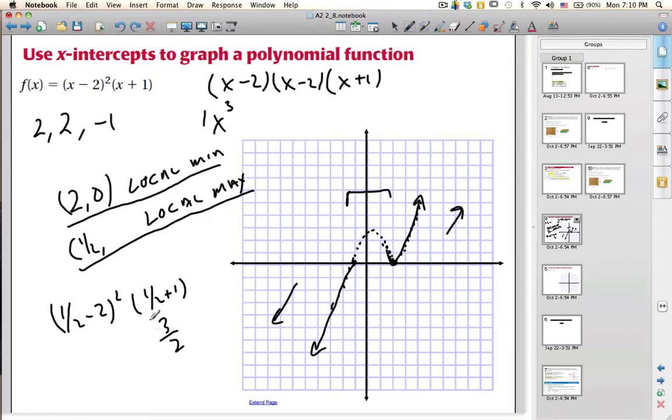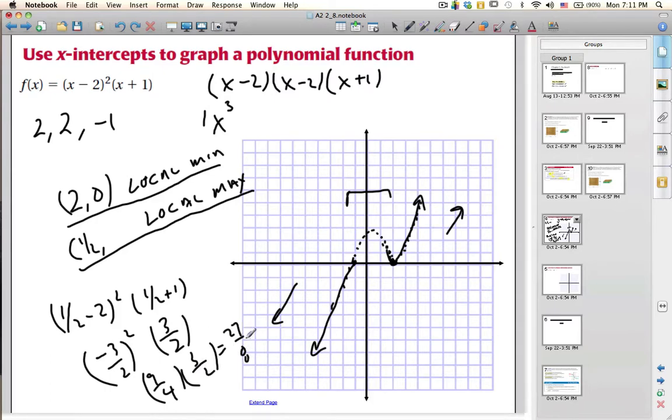So this is 3/2. 1/2 minus 2 is negative 3/2 squared. So this becomes 9/4 times 3/2. That's 27/8. 27/8 is about 3.5, right? Almost 3.5. 28 would be 3.5. So 1, 2, 3.5, right about here.